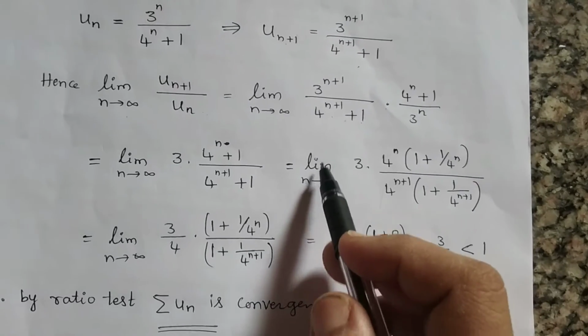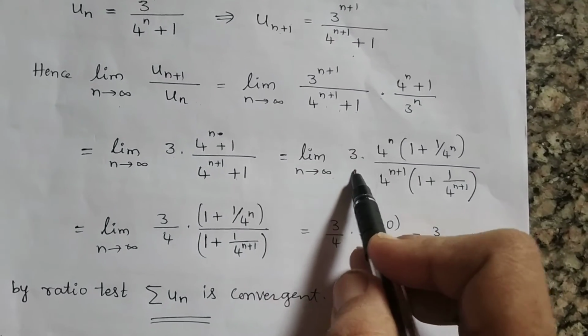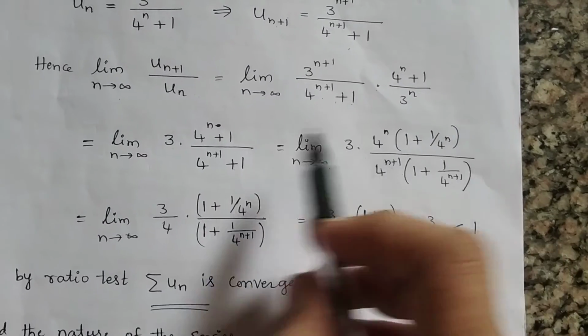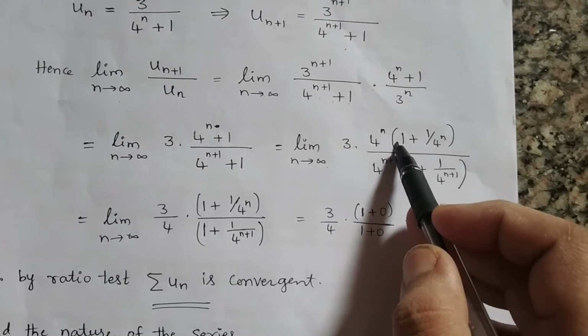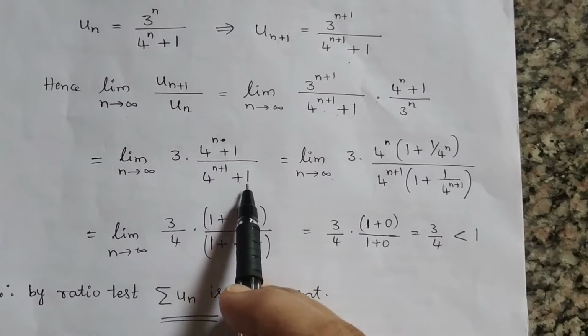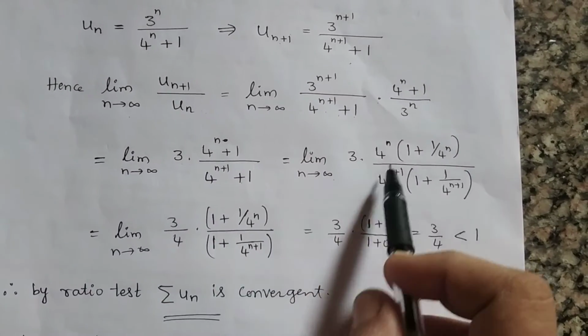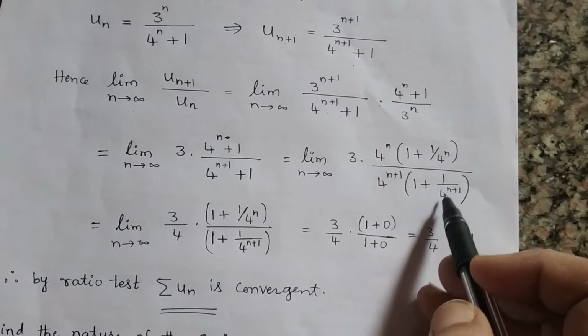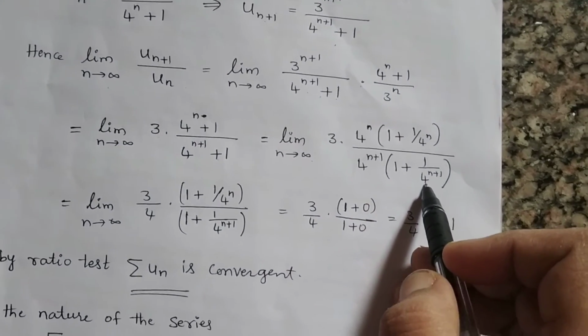Yes, now limit as n tending to infinity, 3 into 4 power n. Take 4 power n as a common term. If I take 4 power n as a common term, we get 1 plus 1 divided by 4 power n. In the denominator, take 4 power n plus 1 as a common term. So you will get 1 plus 1 divided by 4 power n.